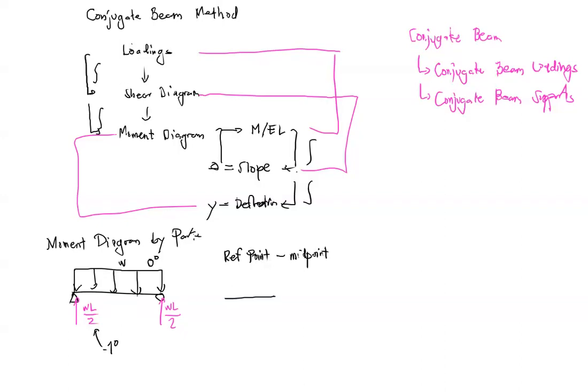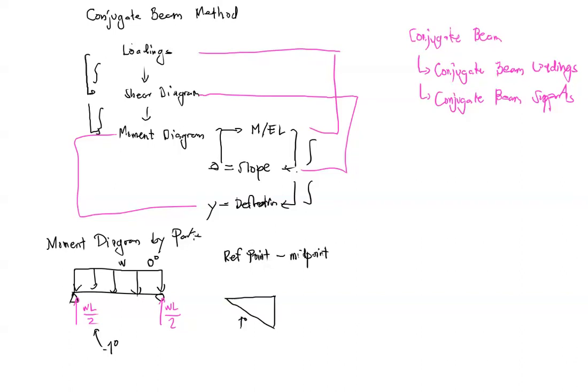Yung kalalabasan niya ng moment function ay madedetermine mo if you add 2 degrees. So, ito, negative 1 degree. Nag-add ako ng 2 degrees. Ang contribution niya is parang yung magiging function niya is first degree. First degree right here.